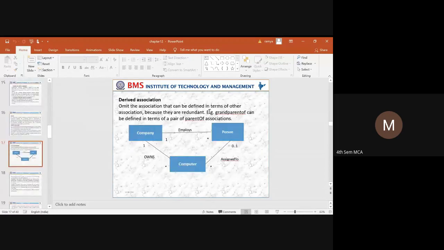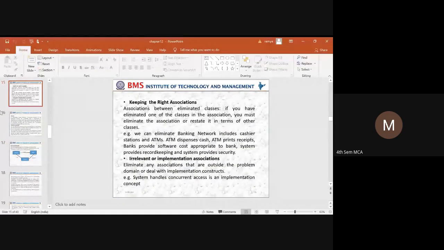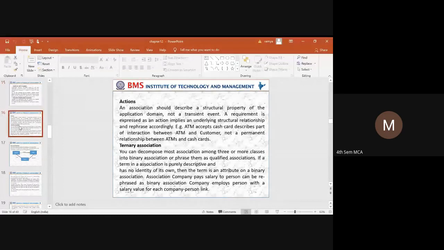Next thing is ternary association. When we say a ternary association, an association can be between more than two classes, right? I said there are different types of association. It can be a binary association, it can be a ternary association. When it is two or more classes, then we use an n-ary association to join different classes.